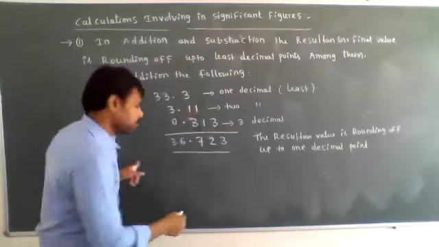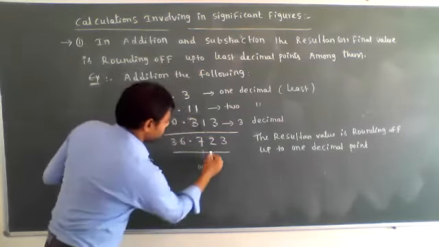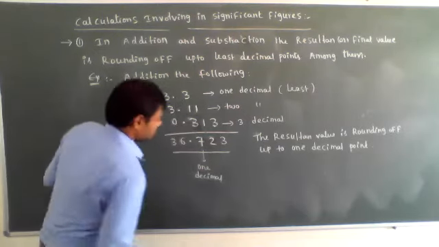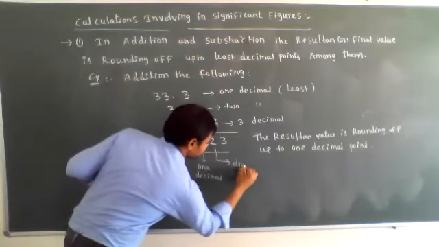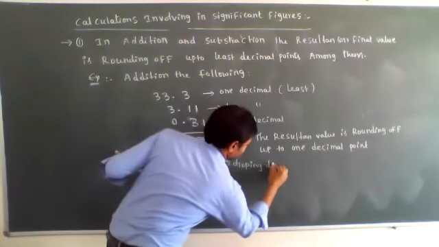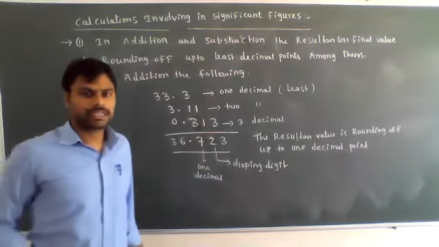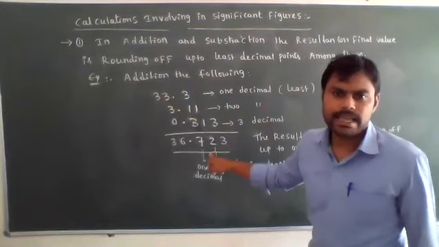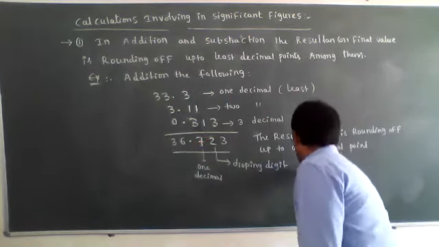Rounding off up to 1 decimal point means the 7 is the first decimal, and the 2 is the dropping digit. The dropping digit is less than 5, so the before digit remains the same.